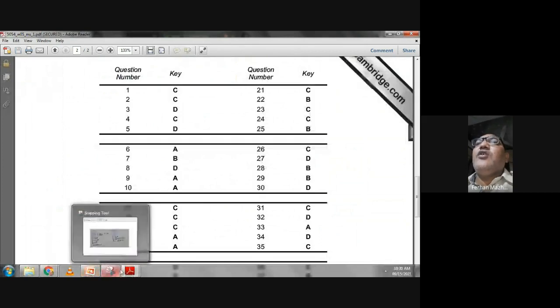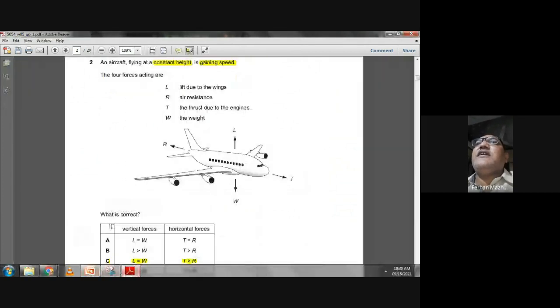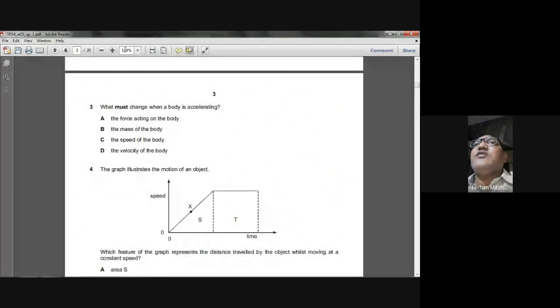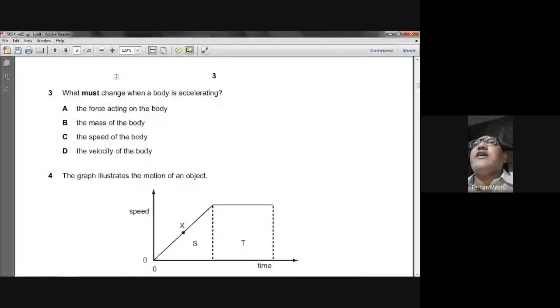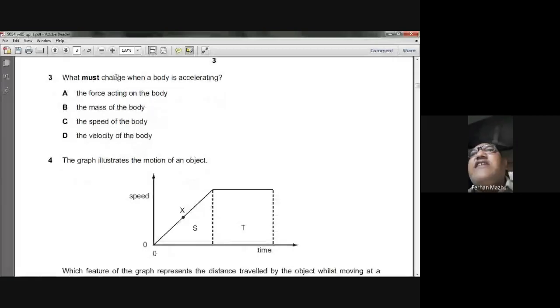We will go to the next part. This is question number 3 showing up on your screen. It says, what must change when a body is accelerating? The body accelerates when the magnitude of the velocity changes, or the direction of the velocity changes. In other words, the velocity is changing. The options are: the force acting on the body, the mass of the body, the speed of the body, the velocity of the body.